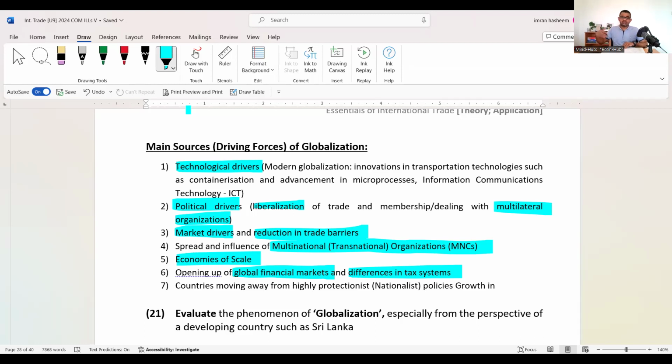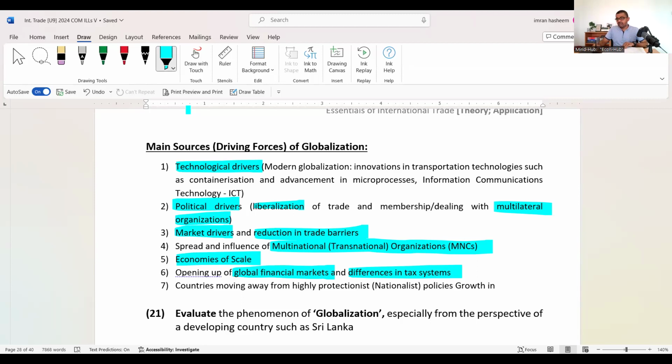The taxes they pay, or what Ireland charges foreign companies as taxes, is very low. So they have adjusted it that way. Because of this, companies want to deal with other countries in the world. I hope you got that point.